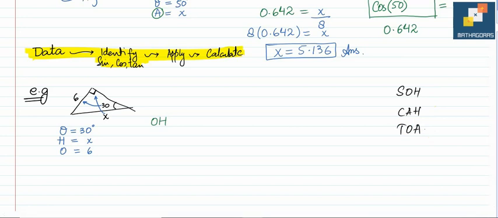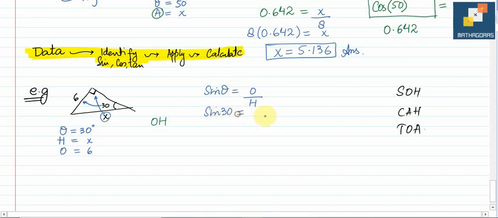Now we are going to target O and H. O and H is in sine, so we need to apply sine here. Sine theta is equals to opposite divided by hypotenuse. Keep in mind that I cannot write sine x because x is hypotenuse. Now sine theta is 30, opposite is 6, and h is unknown, that is x.